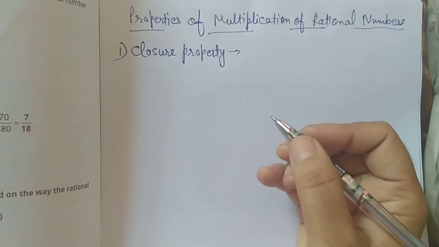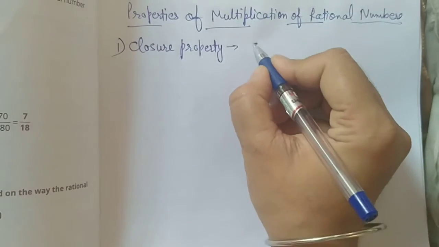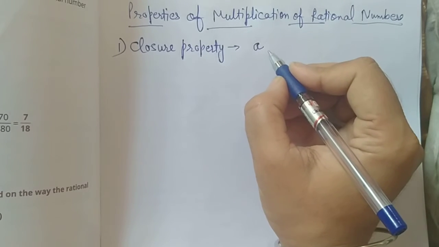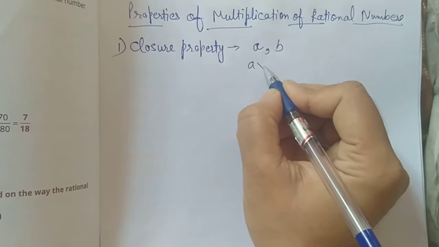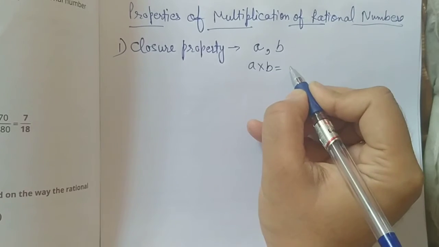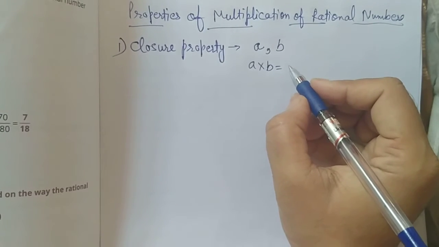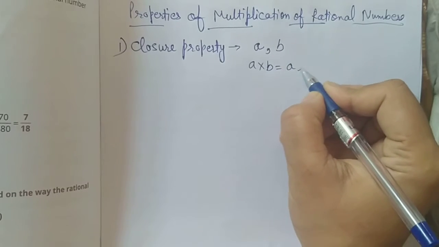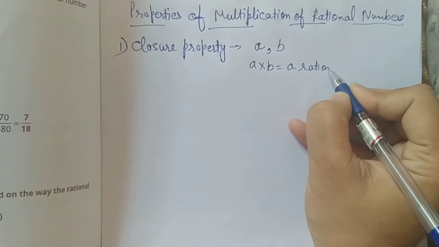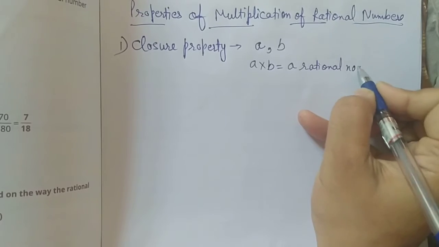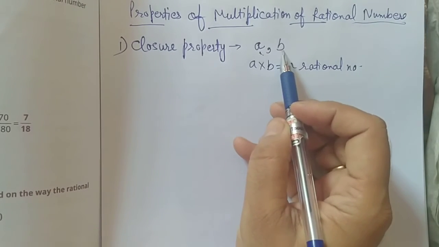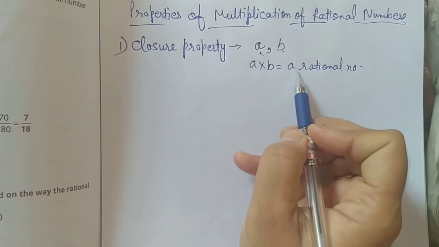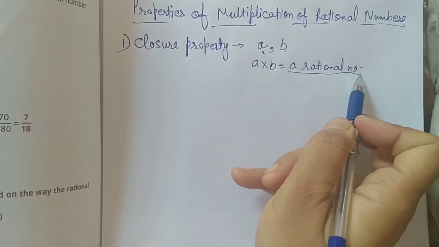It is the same: if we have two rational numbers a and b, then a multiplied by b will also give a rational number. Suppose you multiply any two rational numbers a and b, then your answer will also be a rational number.